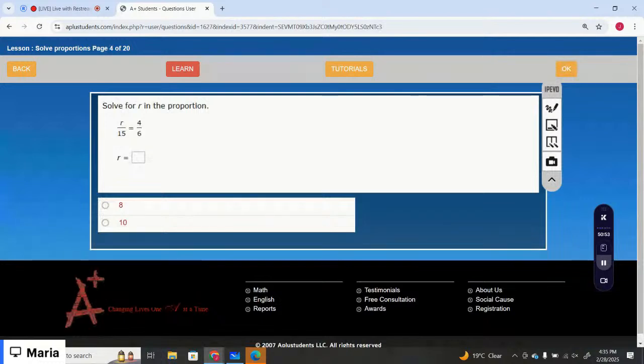Solve for r in the proportion. So which is the correct option? That is 10. Option number 2 is the correct option.